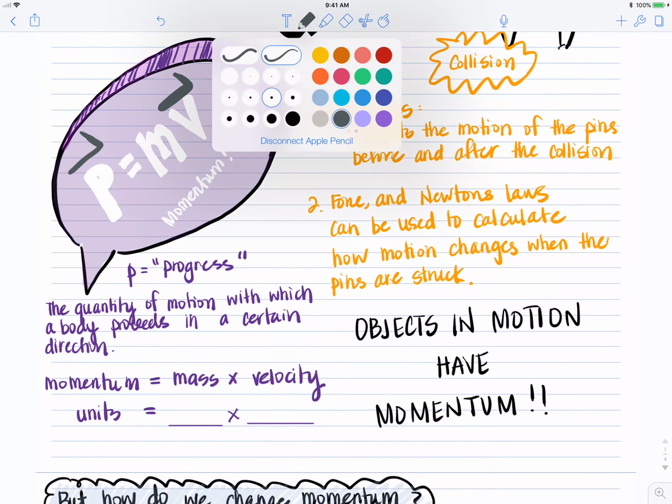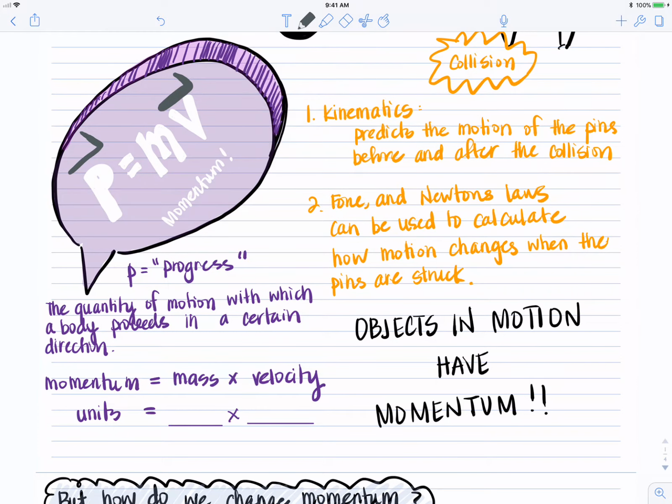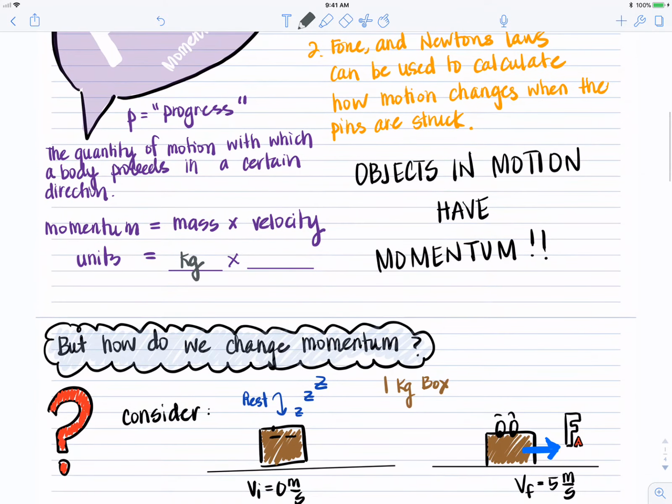We identified the units of momentum as the product of the SI units for mass, which was kilograms, and the SI units for velocity, which is meters per second. And we also said that unfortunately, we do not have some nice package that represents a kilogram meter per second.